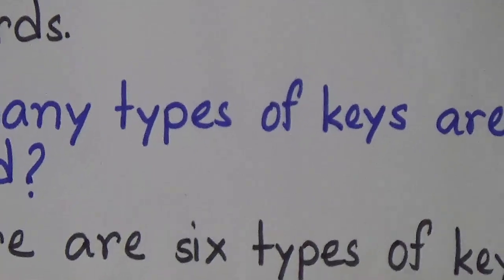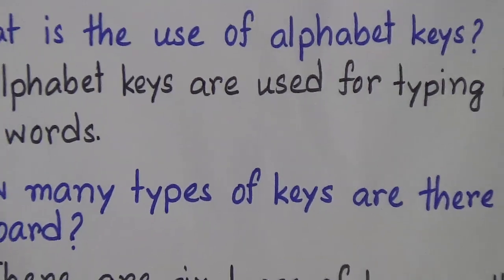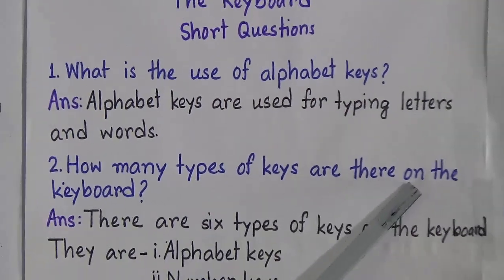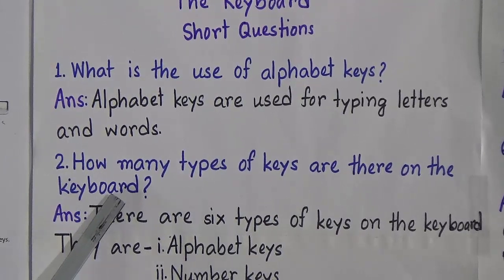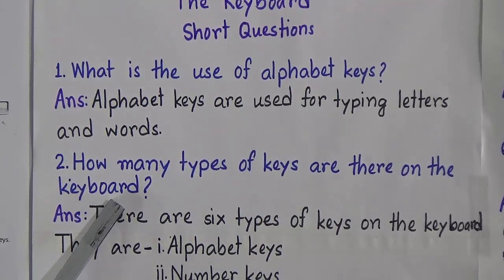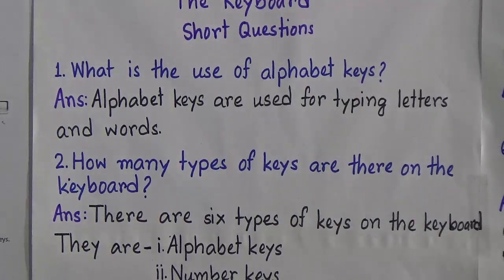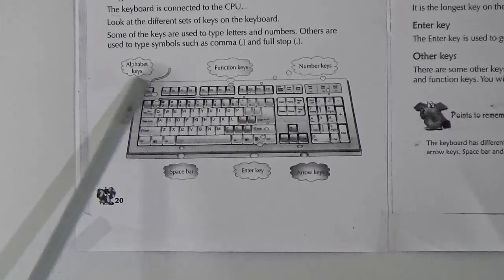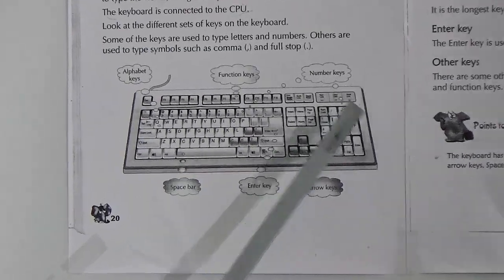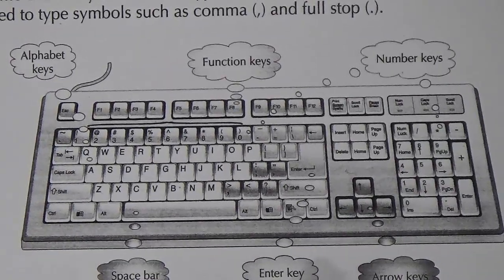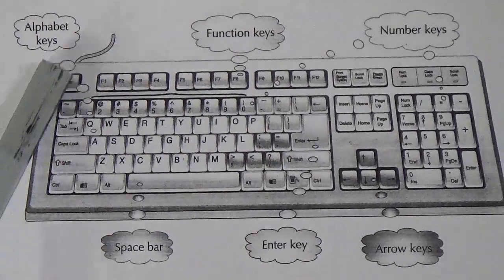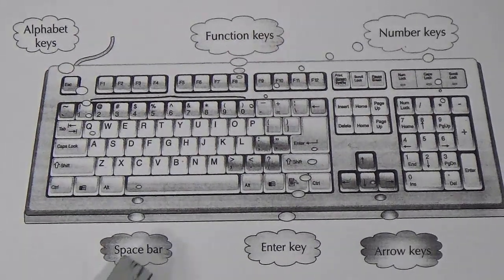Now the next question answer, number 2, how many types of keys are there on the keyboard? We all know there are different types of keys on the keyboard. Now look at this picture. How many types of keys are there? Alphabet keys, function keys, number keys, space bar, enter key and arrow keys. So how many? 1, 2, 3, 4, 5, 6.